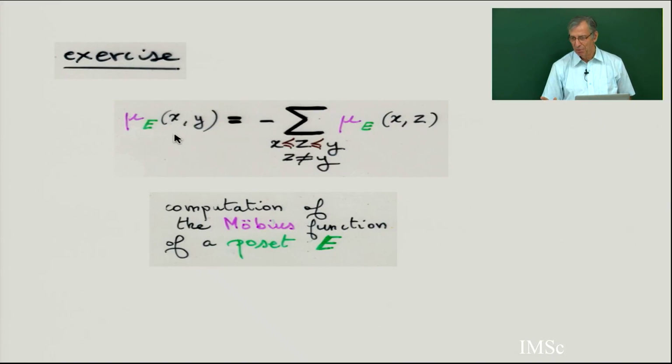So this can prove that the Möbius function exists: by recurrence, you compute the Möbius. So it's not easy to compute the Möbius function of classical posets. There are many papers on this. This was in the 60s, it was very fashionable at the beginning of combinatorics, especially the MIT school with Rota. There were posets, incidence algebras, and Möbius functions of many things. It was the 60s, 70s.